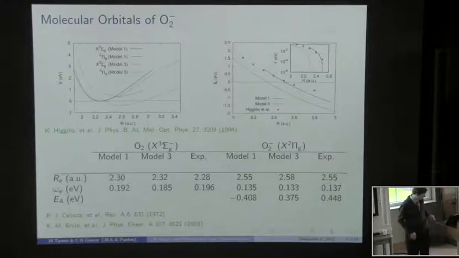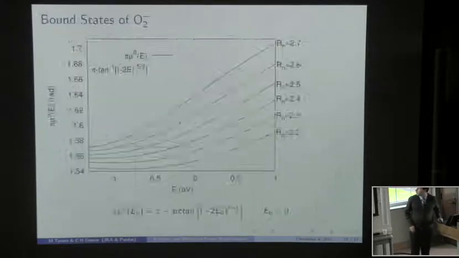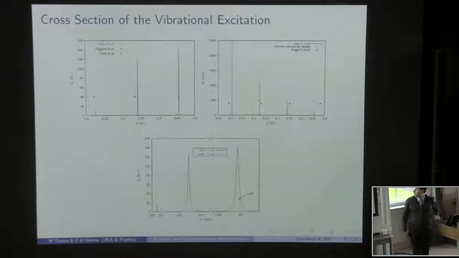In this doublet pi G symmetry, you can see these very narrow peaks and these very high cross sections in the elastic and vibrationally inelastic cross sections. And of course, as you go to higher and higher vibrational states, the cross sections decrease.